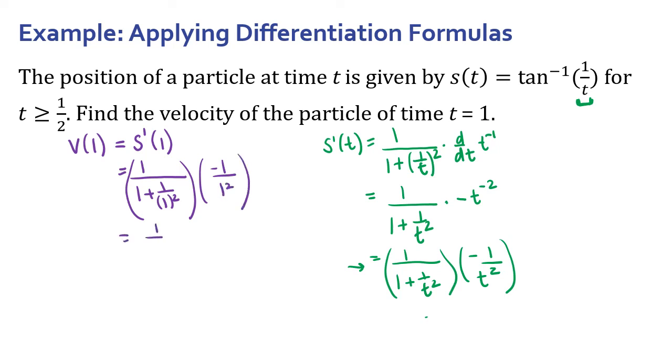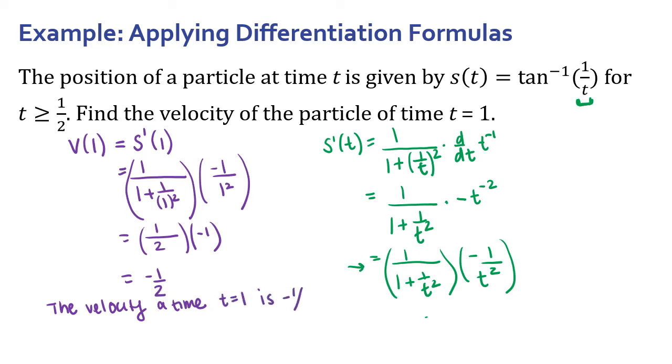So that's going to give us 1/2 times -1, which gives us -1/2. So the velocity at time t equals 1 is -1/2. And it looks like they didn't give us any units, so we will leave it just like that.